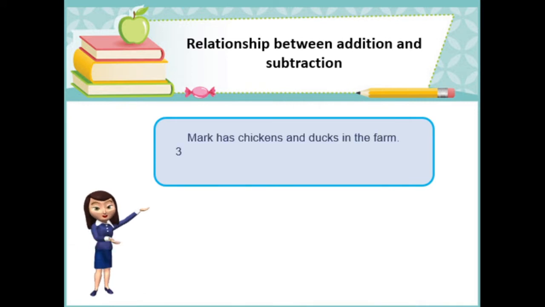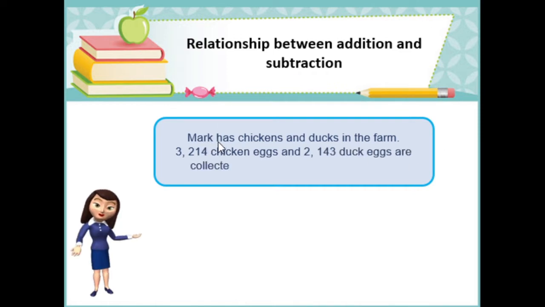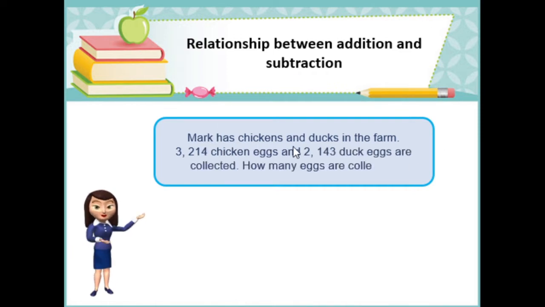Okay, so let's see. We have this simple problem. Mark has chickens and ducks in the farm. 3,214 chicken eggs and 2,143 duck eggs are collected.